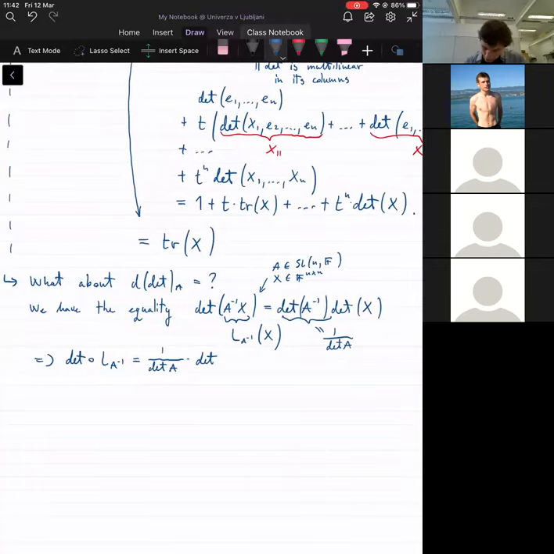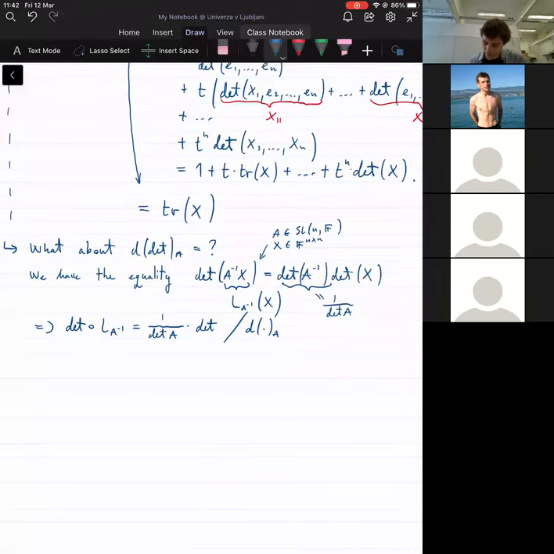And what we do is we are going to take the derivative of this at A. Okay, so doing so, we're going to get d of det of L_{A^{-1}} at A. So now this is only a number.